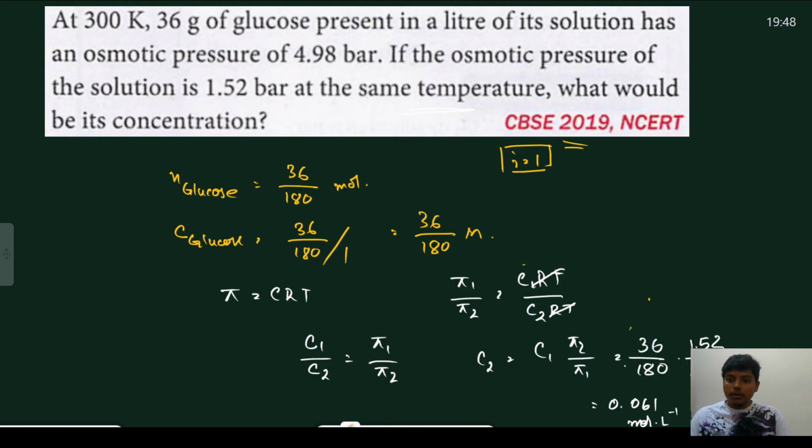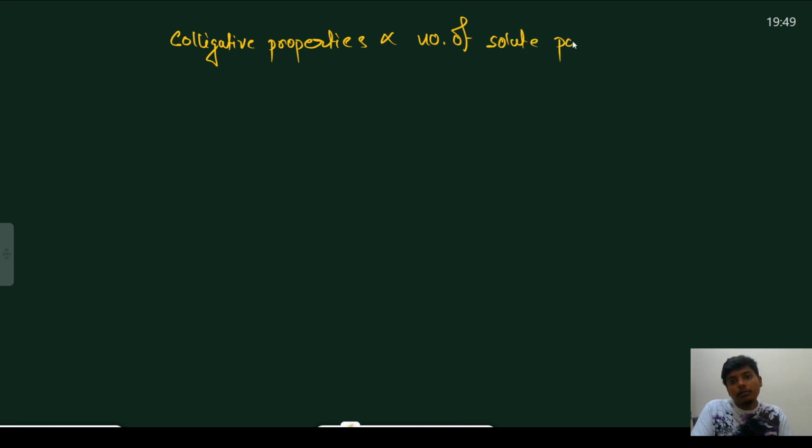So what have we learned till now? That colligative property means it is directly proportional to the number of solute particles. Clear?